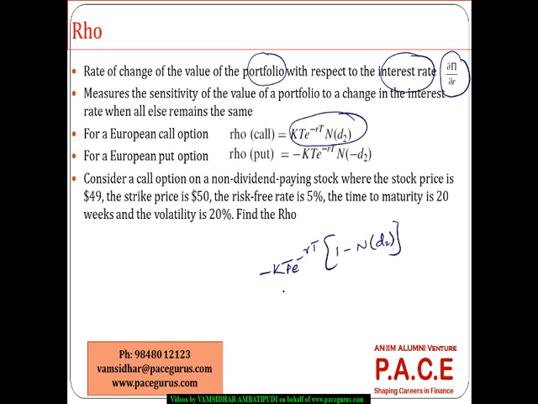So it's as good as minus KT e power minus RT plus KT e power minus RT N(d2), which is nothing but this part is the rho of the call. Rho of the call option minus KT e power minus RT is the rho of the put.